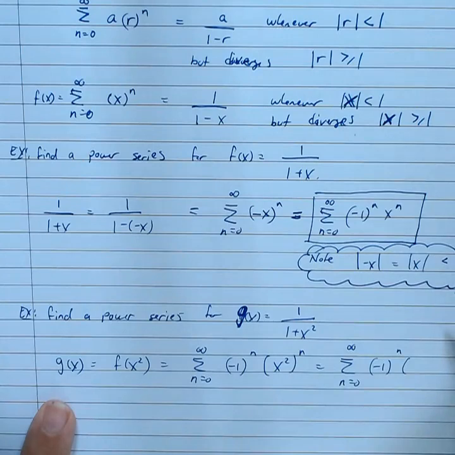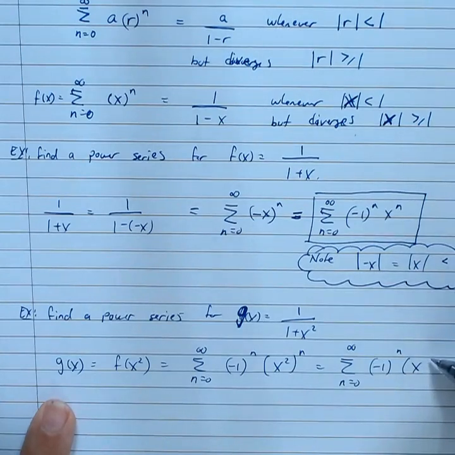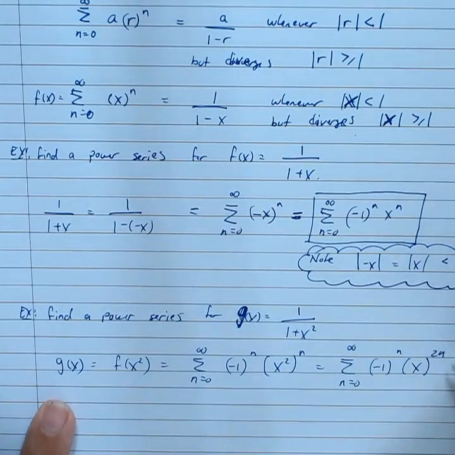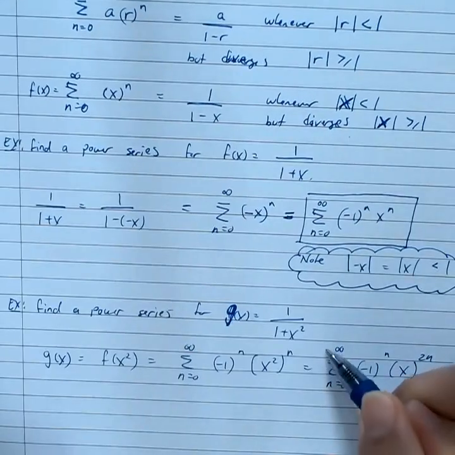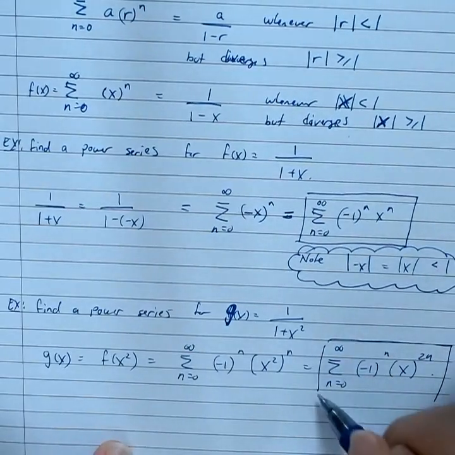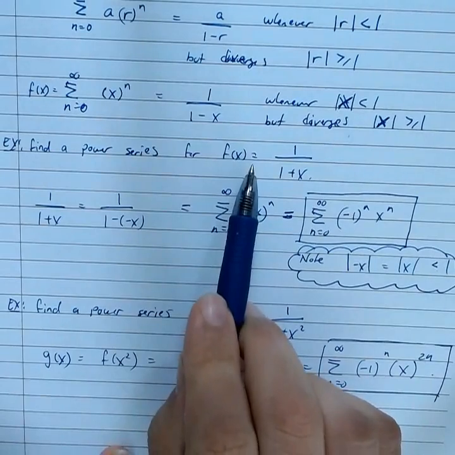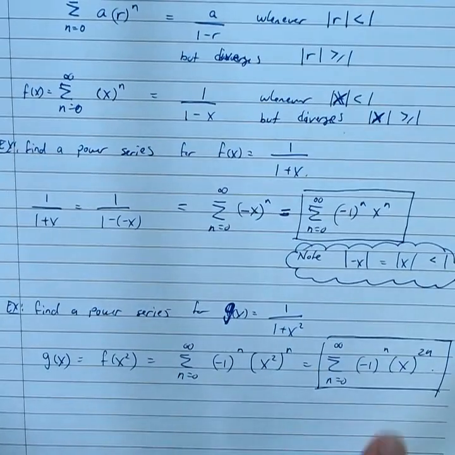We can multiply those powers together to give us x to the power 2n. And there's a power series. As long as we have one basic power series, we can perform substitutions to give us a new power series.